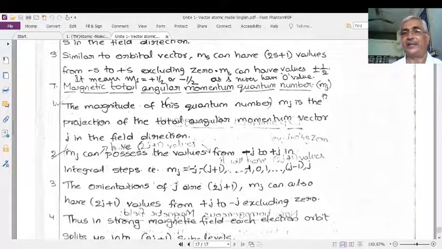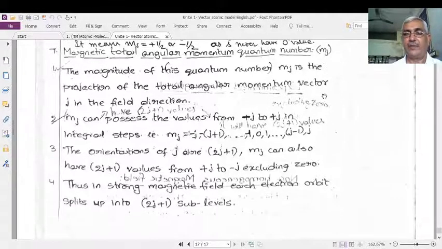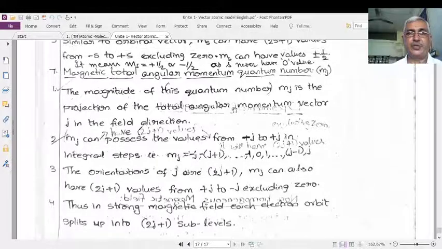Very clearly, this is nothing but the vectorial addition of ML and MS. When ML and MS arise due to the applied magnetic field, the existence of these two vectors automatically results in another vector, which is the resultant of ML and MS. Therefore, MJ is equal to ML bar plus MS bar. Here plus means the vectorial addition of ML and MS.